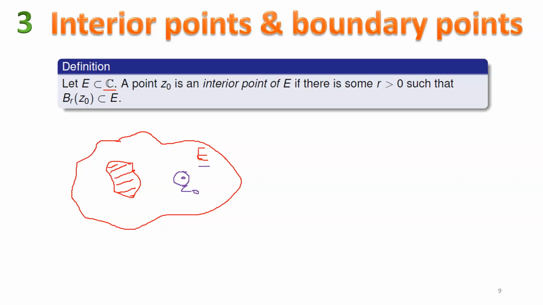Now let us imagine that we have a point here. Whether it is interior or not, we develop a disk of radius r, where r is non-zero, and some portion is included and some is not included. So this is a boundary point by definition.